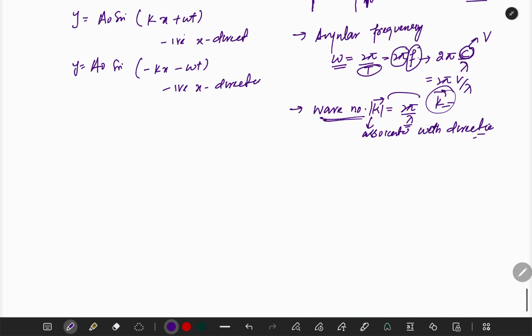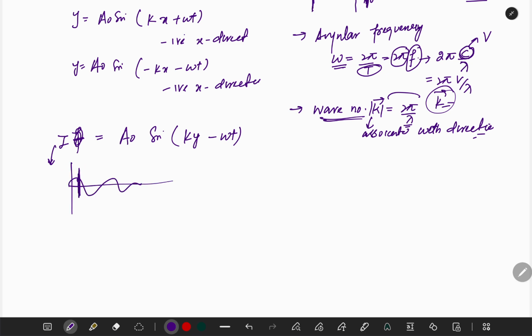If the solution is f equals a naught sine of ky minus omega t, let me write the displacement as z. The particles of the string are going up and down, so that is the z-axis, and the wave's direction is decided by the coefficient of k, that is y.